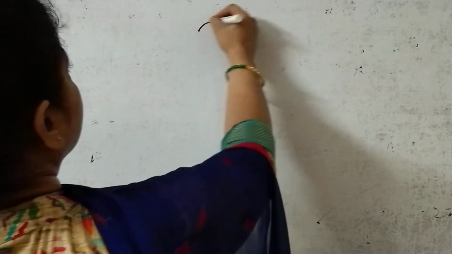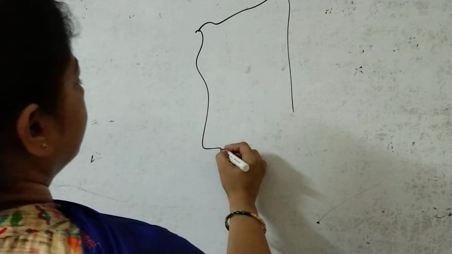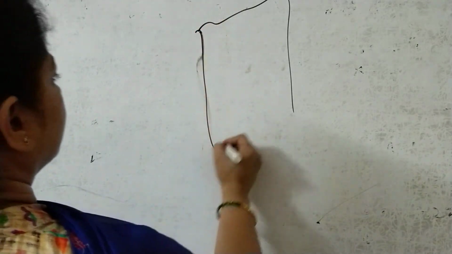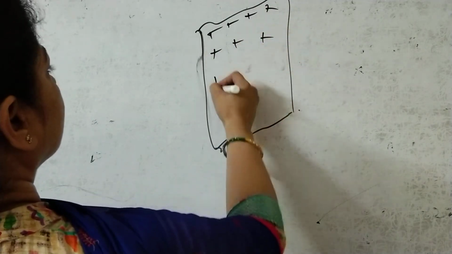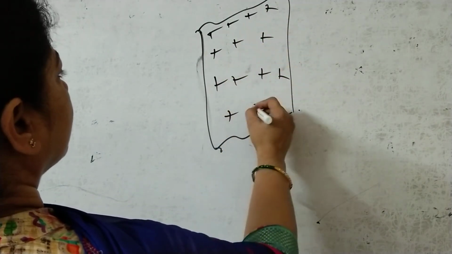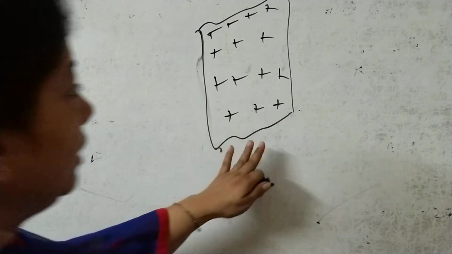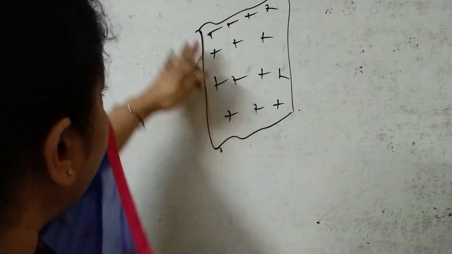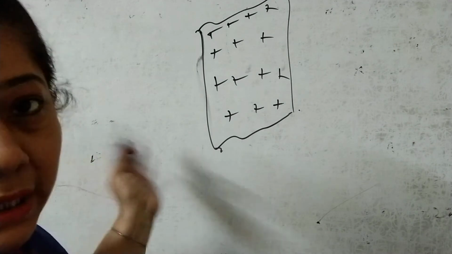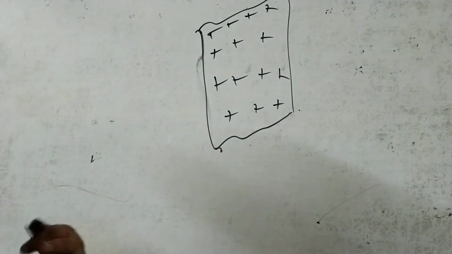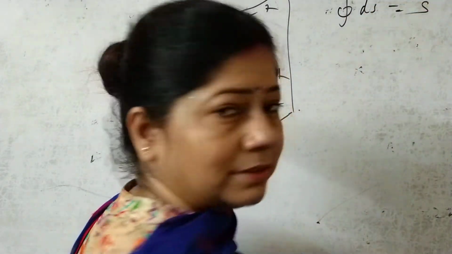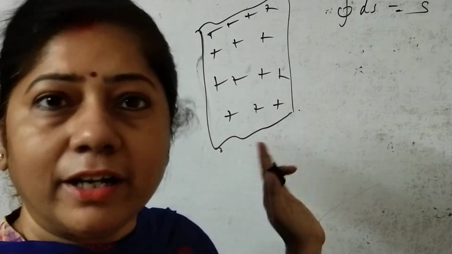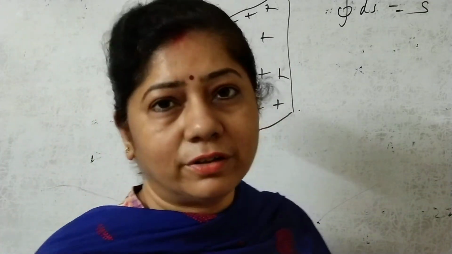So let us assume this is one of the planes I have considered. Okay, this is full of positive charges. We need to find the electric field for this planar surface. As you are not able to say which figure we are taking up, you will take the closed integral of ds as equal to S. So instead of writing the closed integral of ds, we are going to write S only.